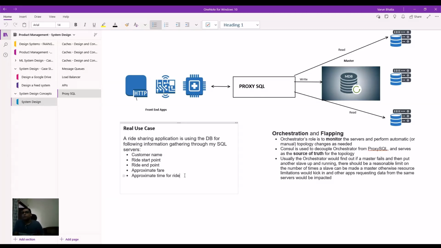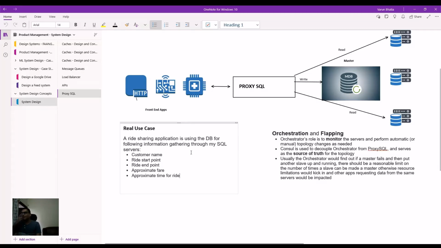That's not the point. The important point is that you need to have some sort of load balancing capability in between, so the queries requesting the data don't end up directly hitting the same server multiple times, overwhelming the system. That's one of the frequent use cases.